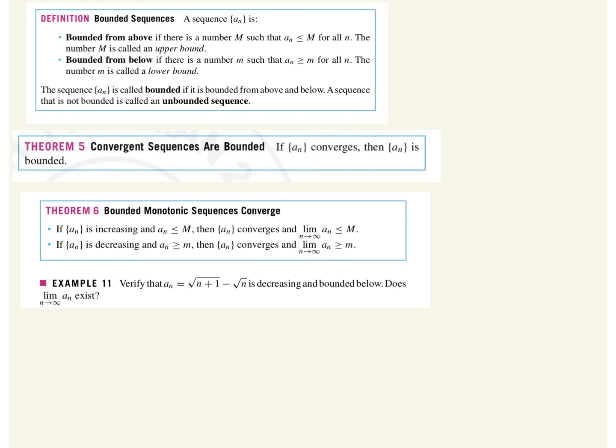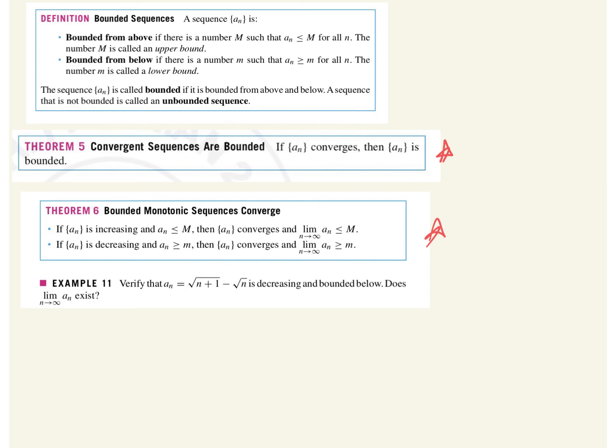Convergent sequences are bounded. That's just a given. If we've proven something is convergent, there is a bound to it. And then this one's kind of cool. Bounded monotonic sequences converge, but they're very, very specific. If a sub n is increasing and bounded from above, then it converges.